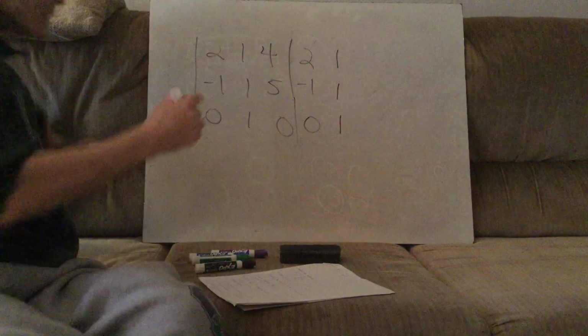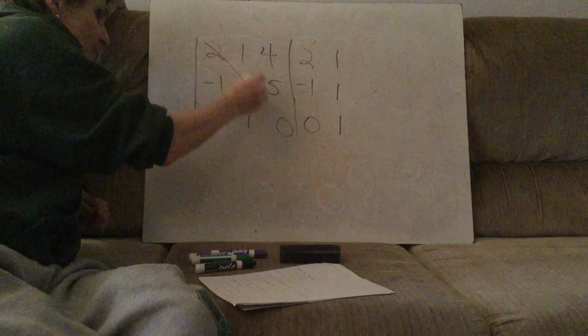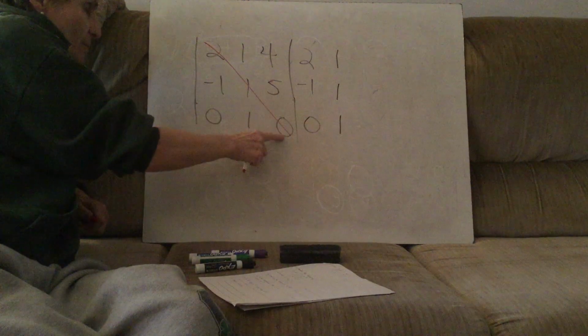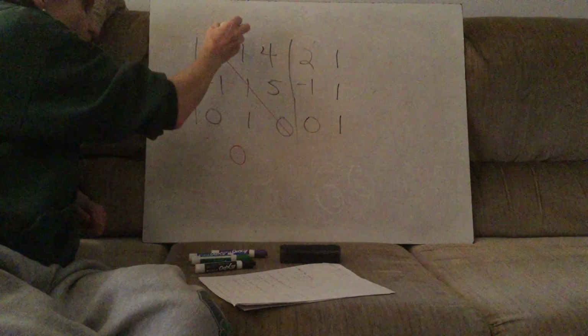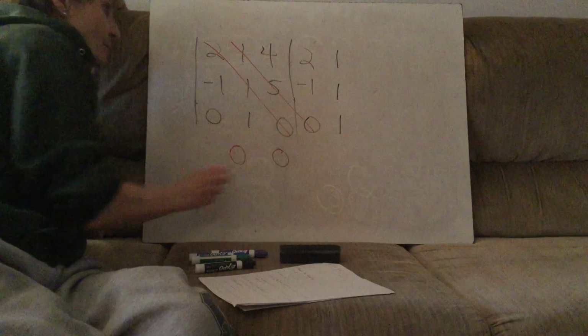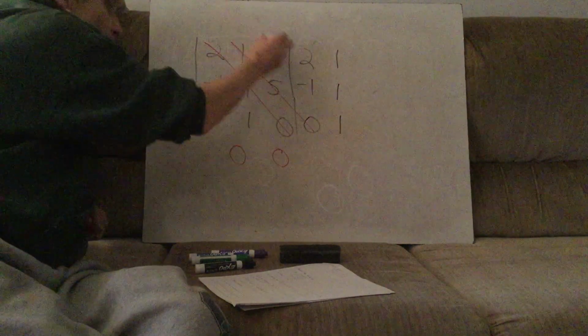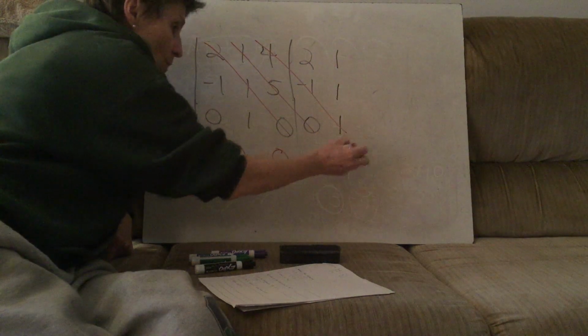Now we're going to start right here and multiply straight down this diagonal. When we multiply those three numbers, we get 0. Then we multiply these three numbers and also get 0. And then we multiply those three numbers and we get -4.